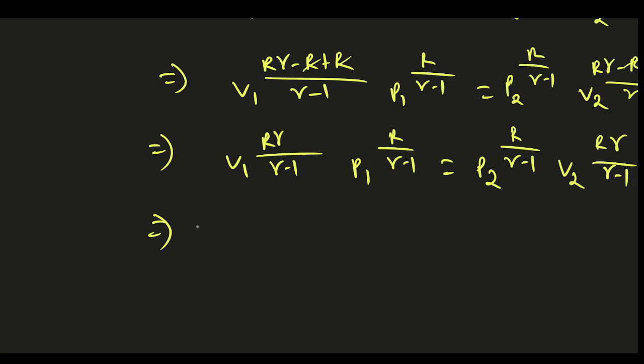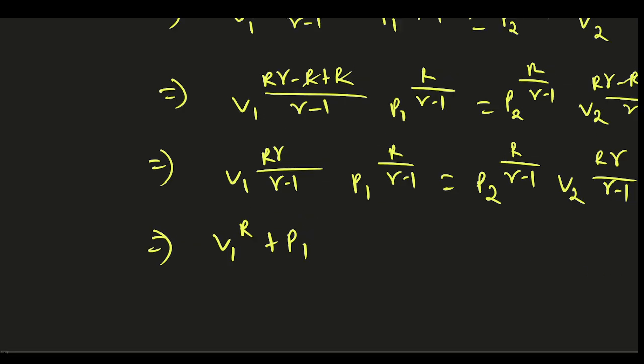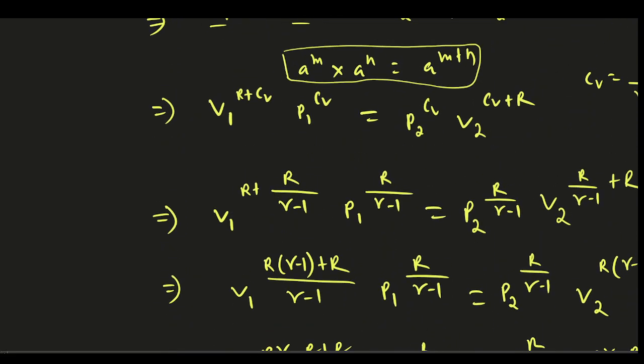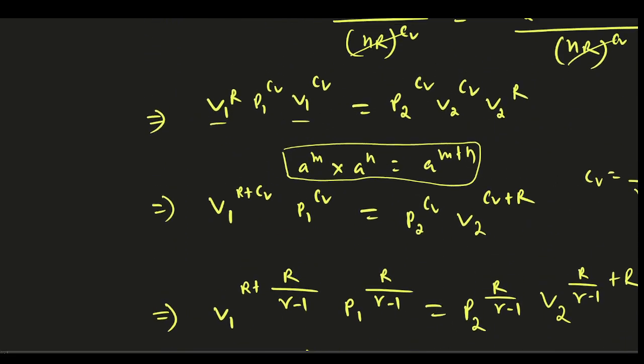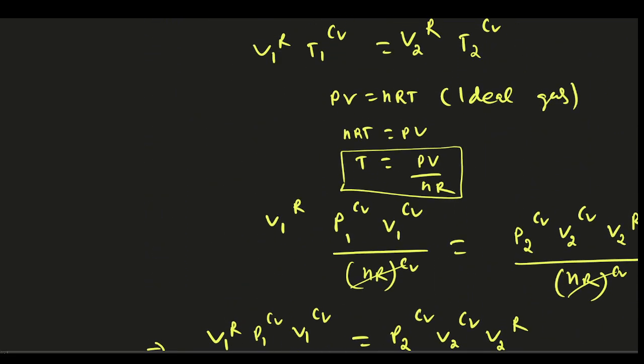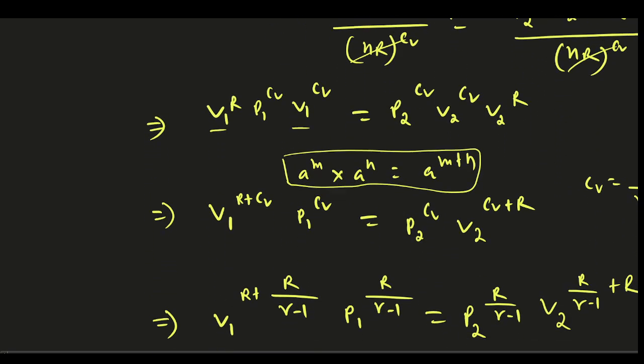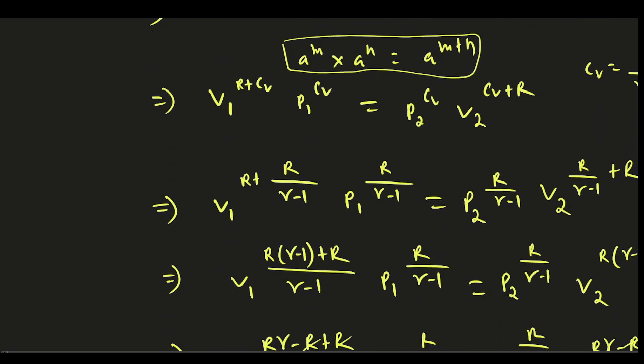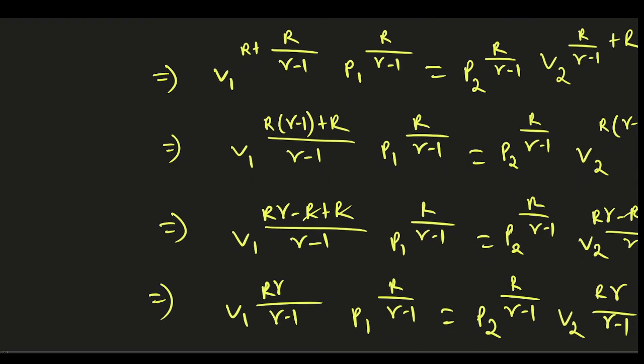So what I'll do, let's say B1 R plus P1, this is gamma R by gamma minus 1. Okay, yes, everything is right. R by gamma minus 1. Okay, R cancel.